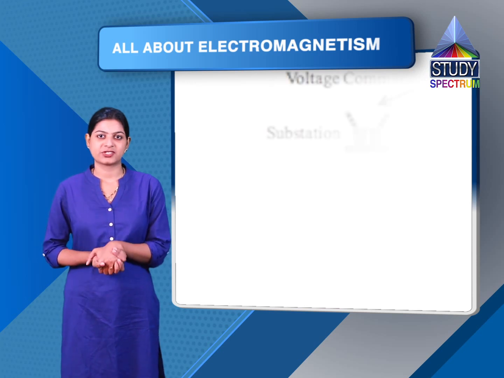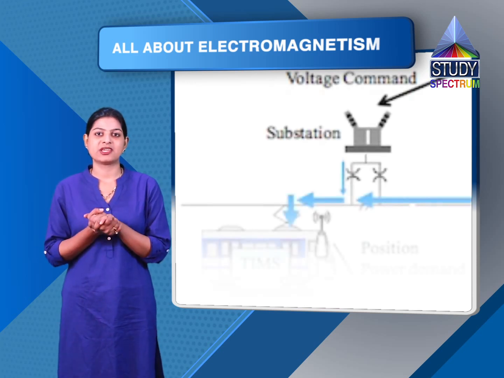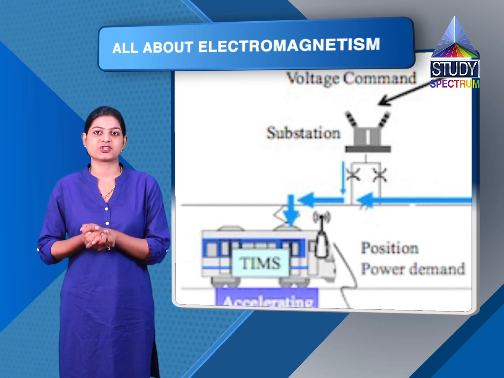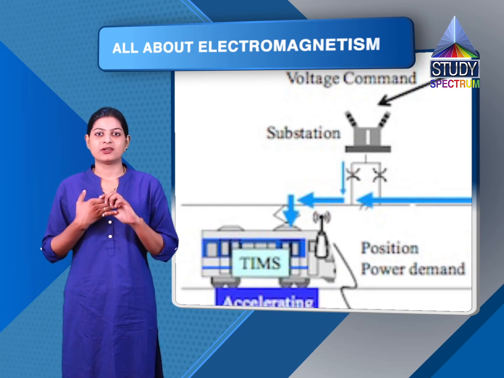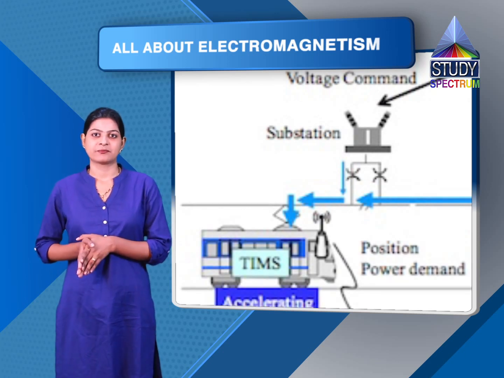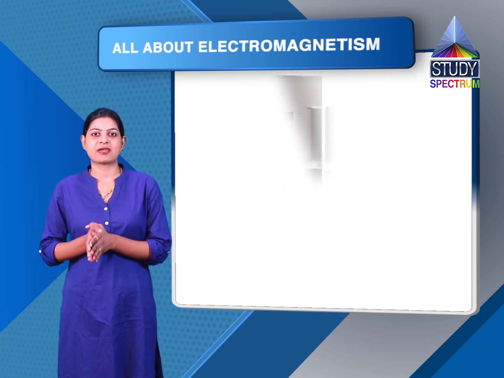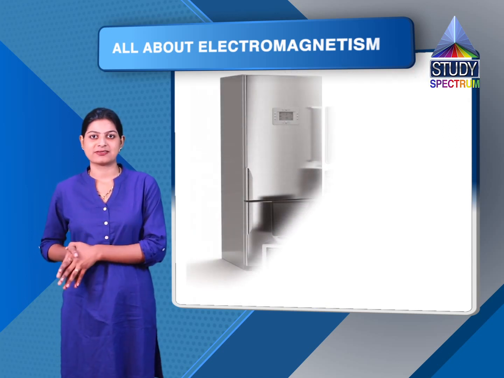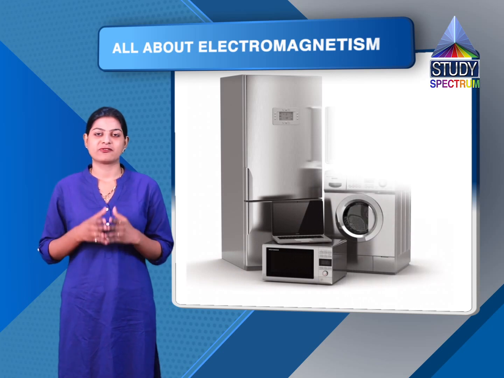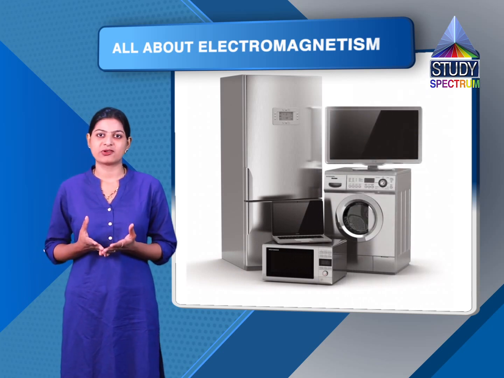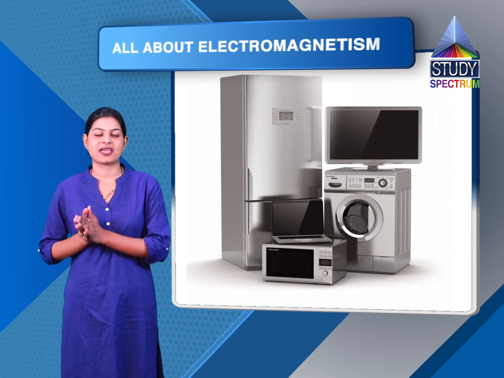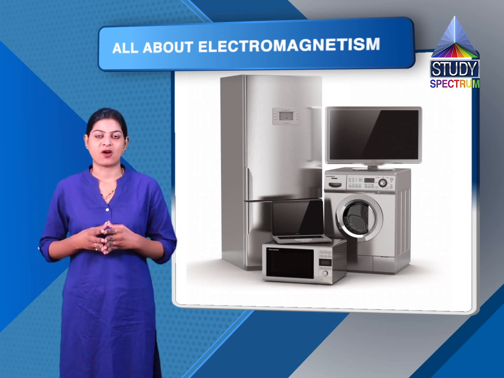The substations have the responsibility of cutting down the high voltage of power to 220 to 250 volts, which is preferable for daily home appliances. And that is the amount of electricity which we receive every day in our daily life or at home.